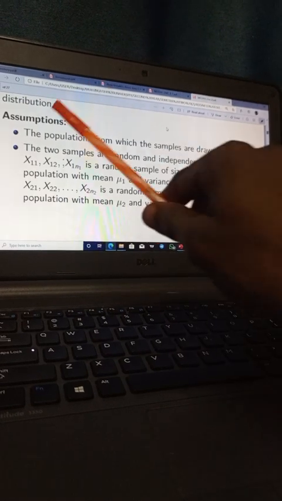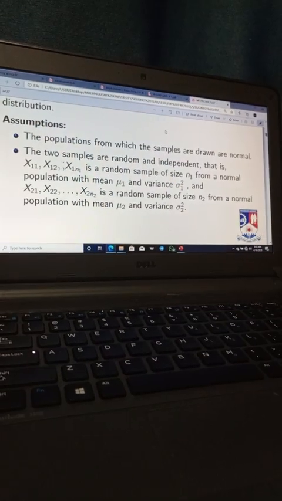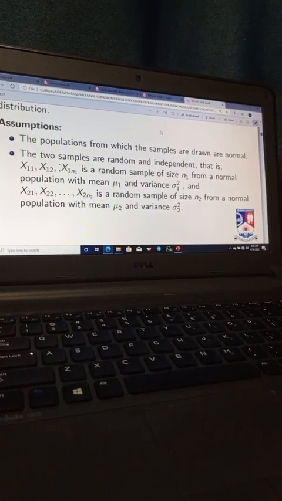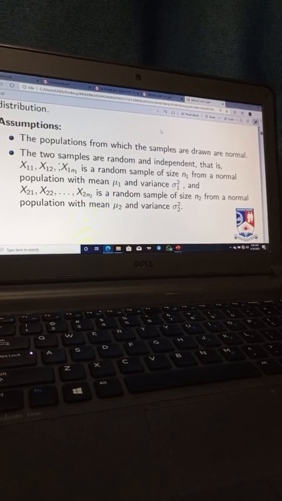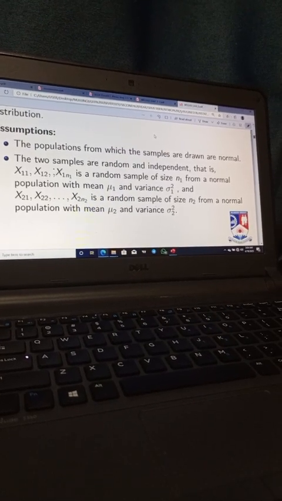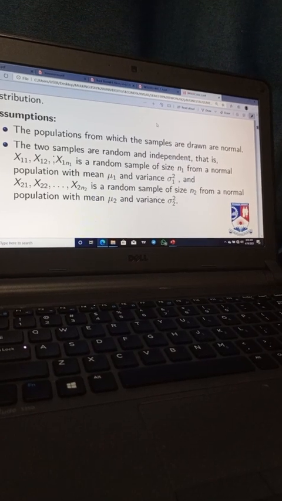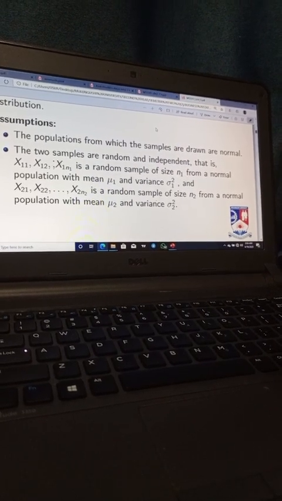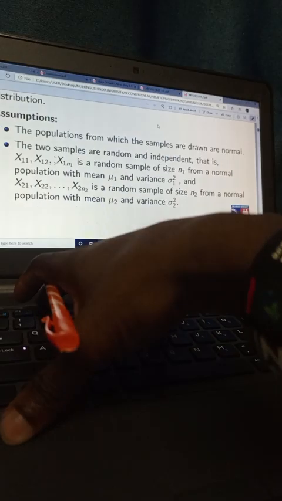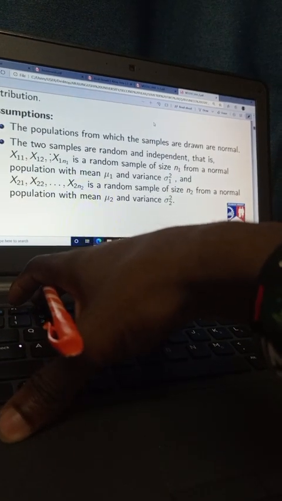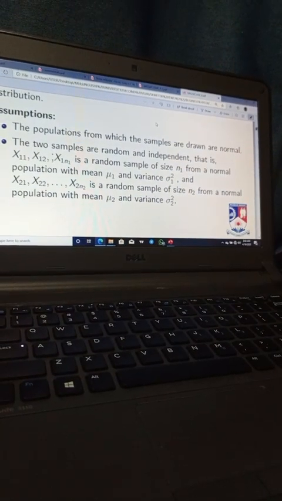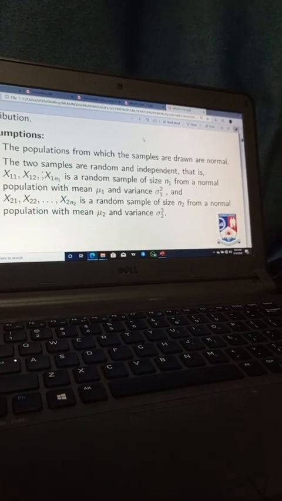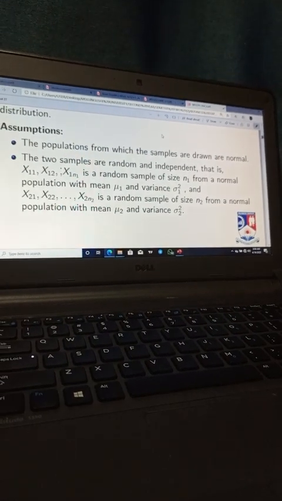So these are the two main assumptions. The first assumption is that the populations from which the samples are drawn are normal, and the second assumption is that the two samples are random and independent, which you have as sample 1 and sample 2. Remember, they should be random and independent.